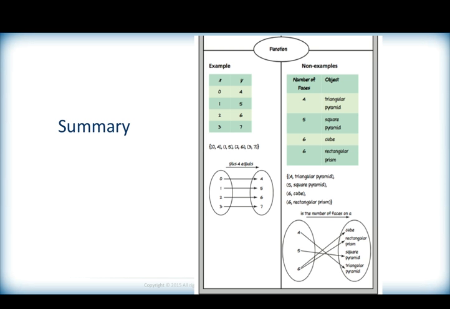But this is not the case for the non-example. We have a table of values where we can see that the number of faces, 6, is matched with two objects in the range. It is matched with a cube and a rectangular prism. Taking that same table of values and writing it as a set of ordered pairs, we have 6 for a cube and 6 for a rectangular prism.